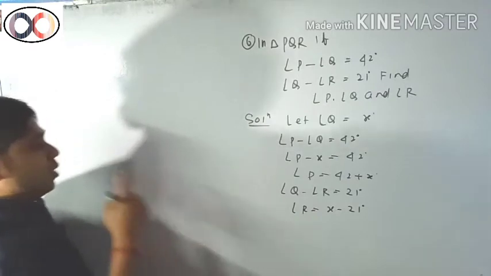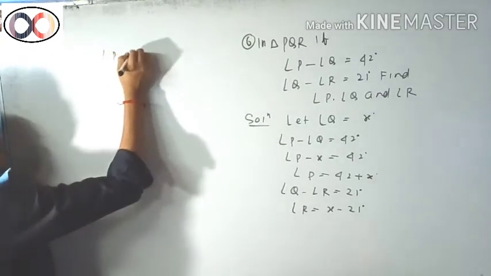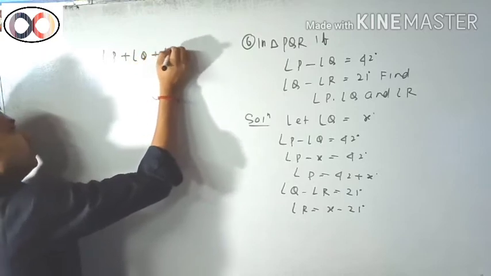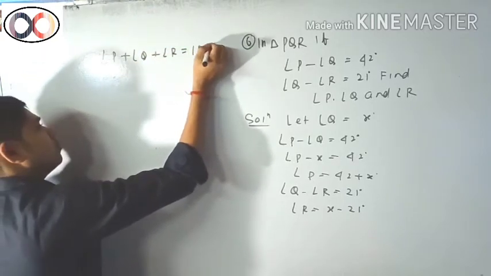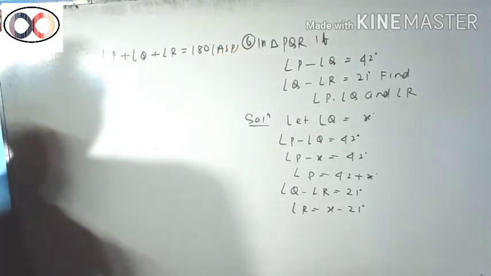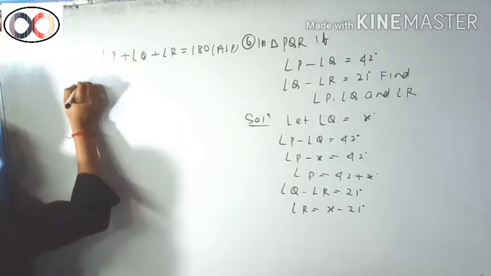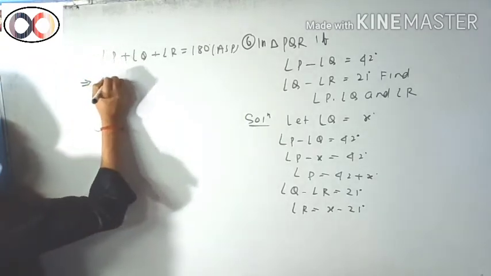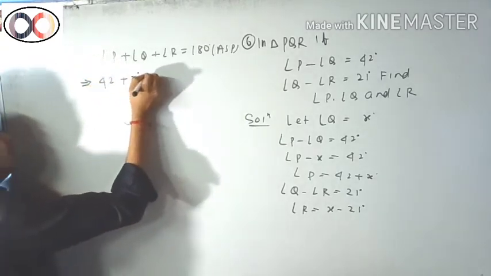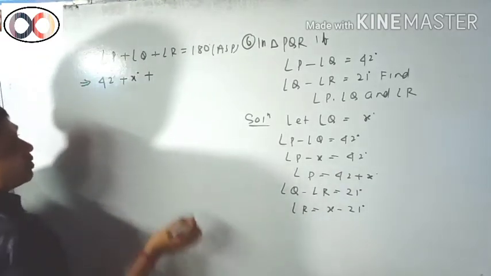After that we can use that angles P, Q and R are the angles of a triangle. So we can write that the sum of angles of a triangle is 180 degrees, and we can put here the value of P, that is 42 plus X, and the value of Q is X, and R is X minus 21.